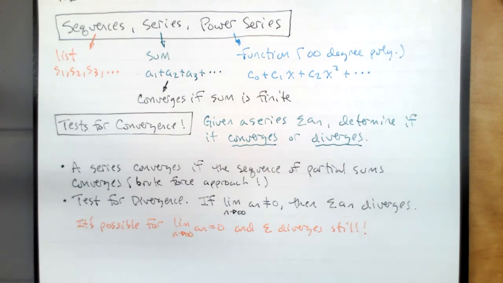So it's important that we recognize that if the limit of the terms is equal to 0, the series might still diverge.